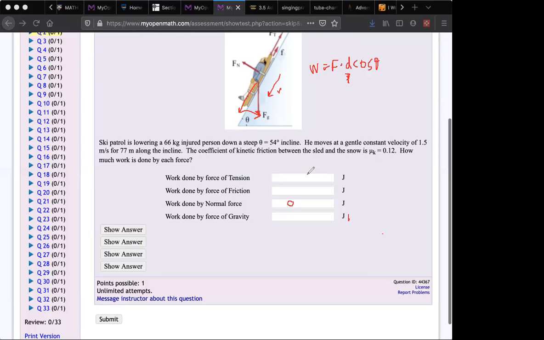Let me go ahead and just write that in, the weight of the object, m times g. And then you have this angle, which is the same as the angle down there, theta. Since this is next to that angle, mg cosine theta is our force.